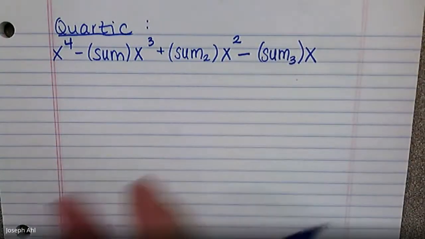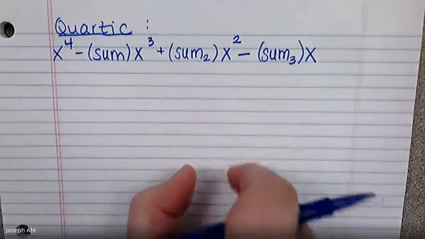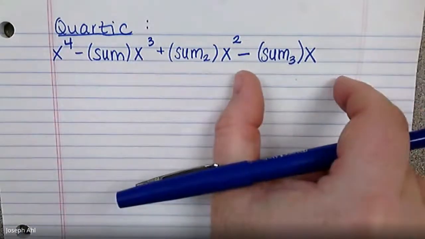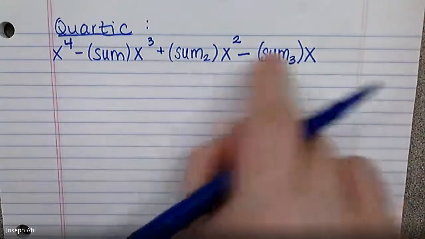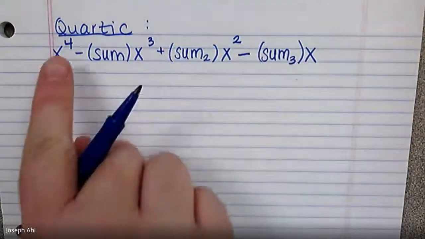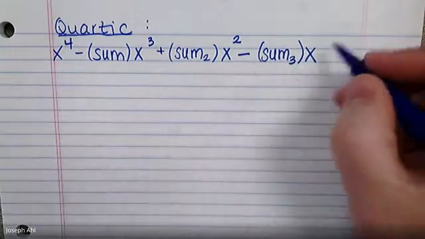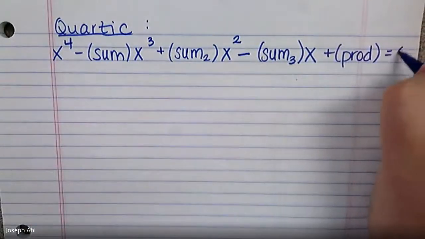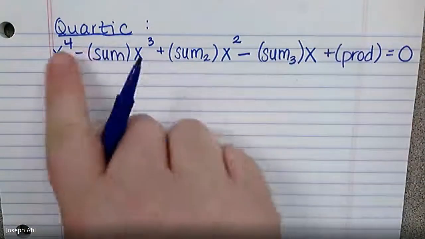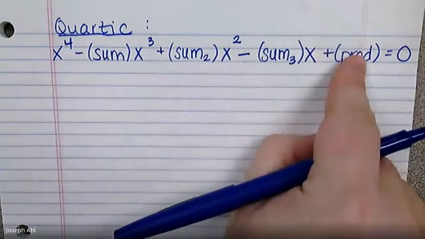So instead of taking pairs of roots and multiplying them, we're going to take a group of 3 roots at a time, multiply all 3 of those, and find that sum. Now, since I did keep, change, at the end, we're going to keep the product, and that's going to equal 0. Okay, so keep, change, keep.